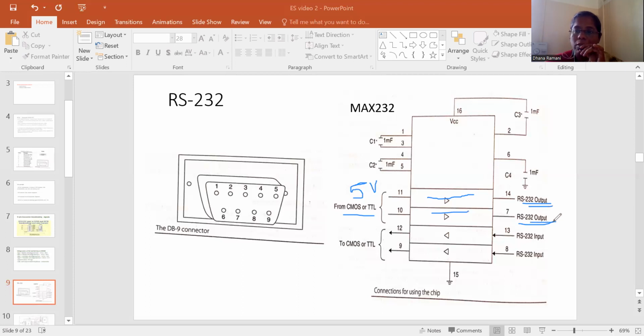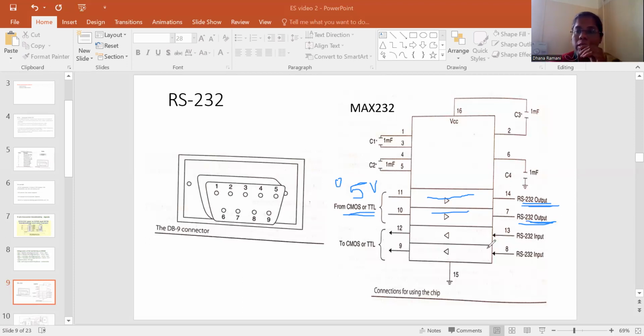So that's why we say it is the RS232 output. The signal level we get from TTL, in the range of 0 to 5 volt, is now converted to -3 to -25 for logic ones and +3 to +25 for logic zeros, and this will be transmitted. At the end, you can see the RS232 output, where the signal level has been converted and transmitted.